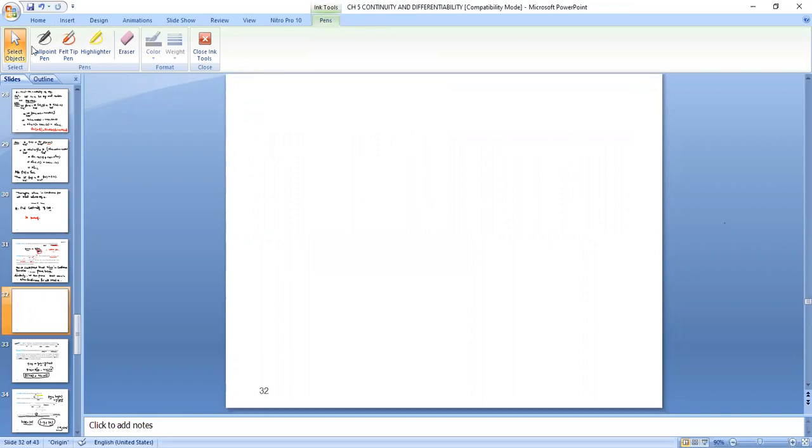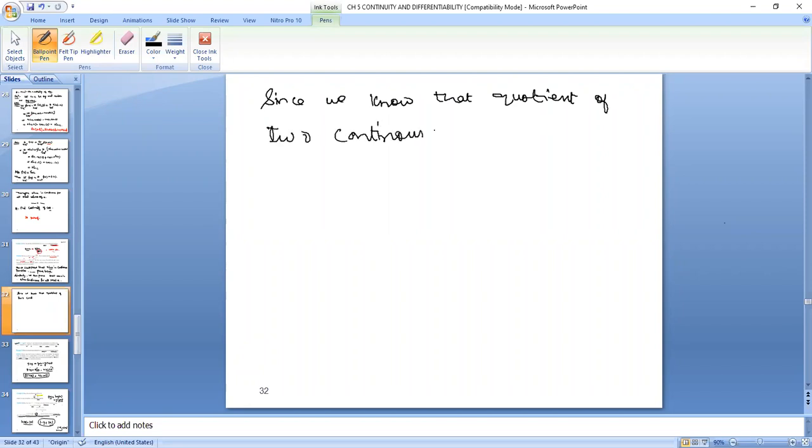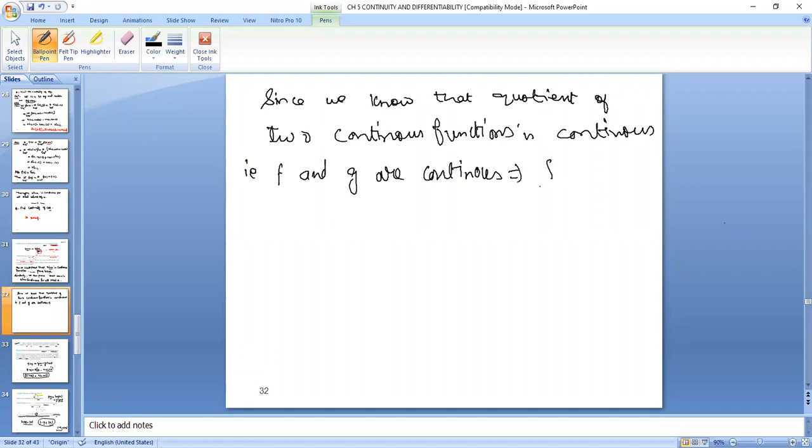After that, since we know that quotient of two continuous functions is continuous, that is f and g are continuous, implies f upon g is continuous.